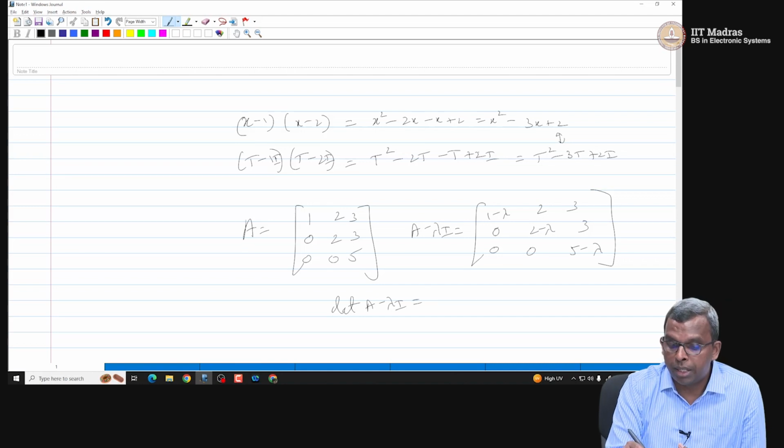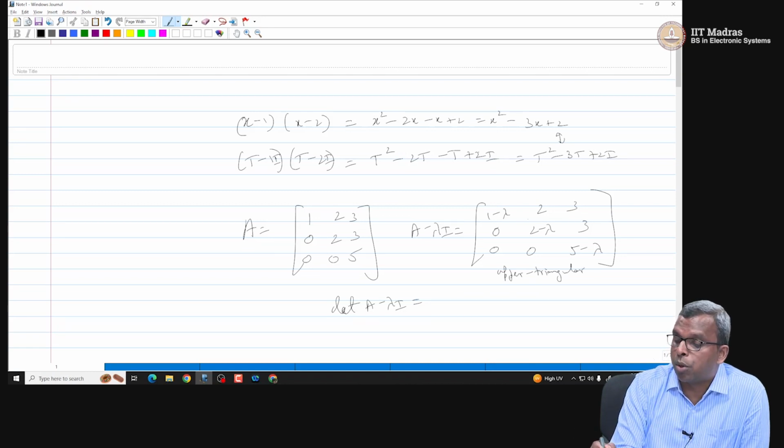What do I know about determinant? Determinant of an upper triangular matrix, right? This is upper triangular. If you have an upper triangular matrix, determinant is just the product of the diagonal terms, because all the other terms will involve some term from the lower triangular part, and that will go off to 0. So it's just 1 minus lambda times 2 minus lambda times 5 minus lambda.